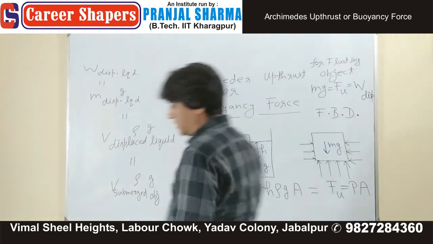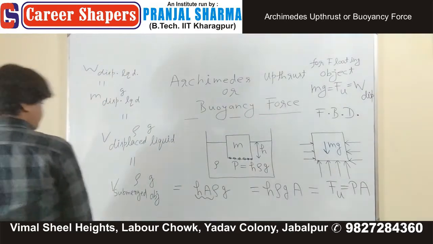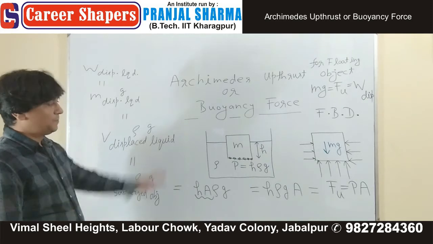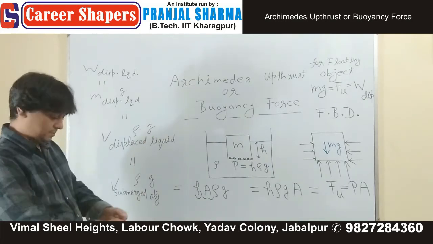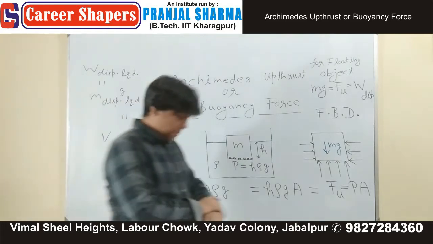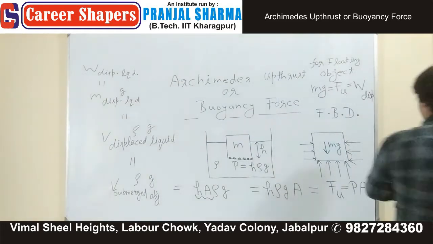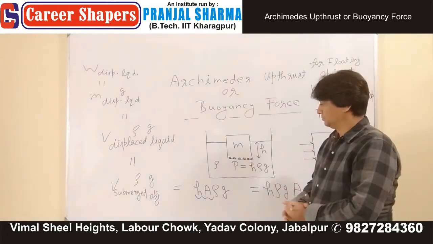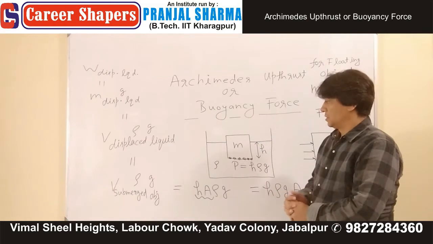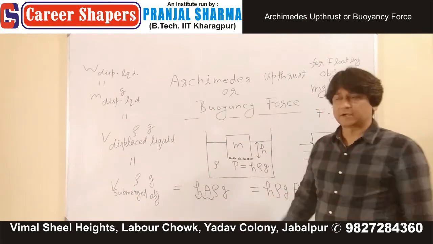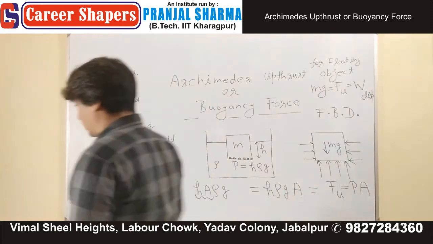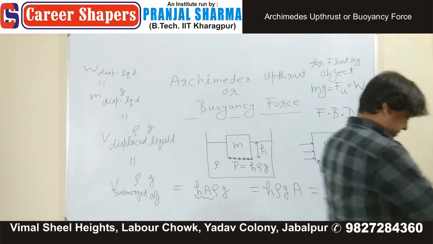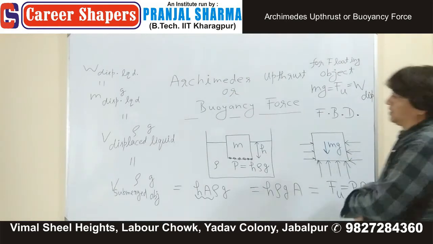Now write down these statements. Upthrust acting on an object is equal to the volume of the object submerged inside the liquid.